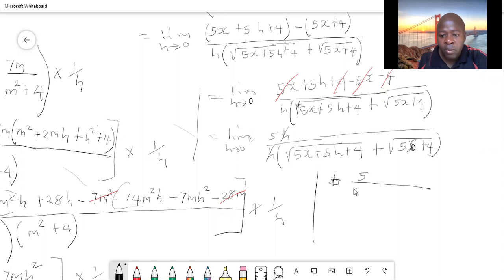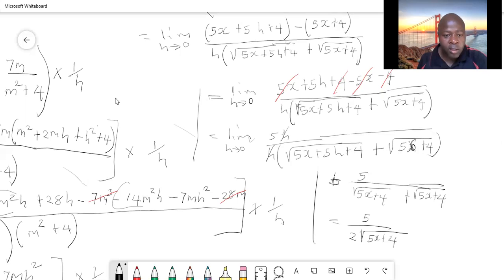Then we have the square root of 5x plus 4, plus the square root of 5x plus 4, which is the same as 5 over 2 times the root of 5x plus 4, and that's the result.